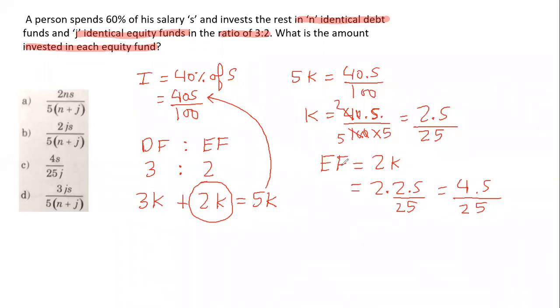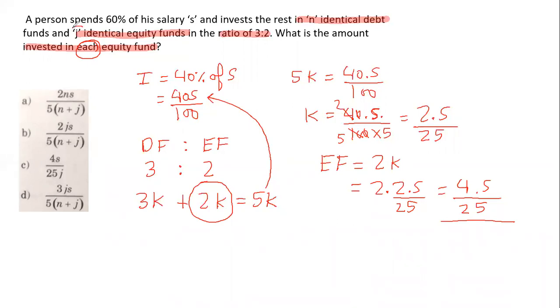Now you have to be very careful. They are not asking me how much money I invested on equity funds. They are asking me how much money I invested on each equity fund. So that means if I really want to figure out how much money I invested on each equity fund, I will divide it with the number of equity funds I bought. Now, when I look at the question, how many equity funds did I actually buy?